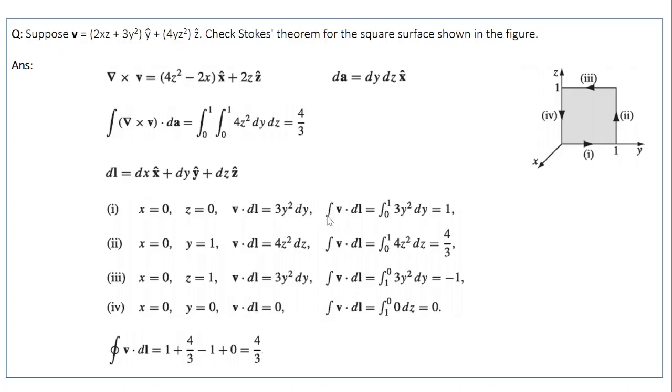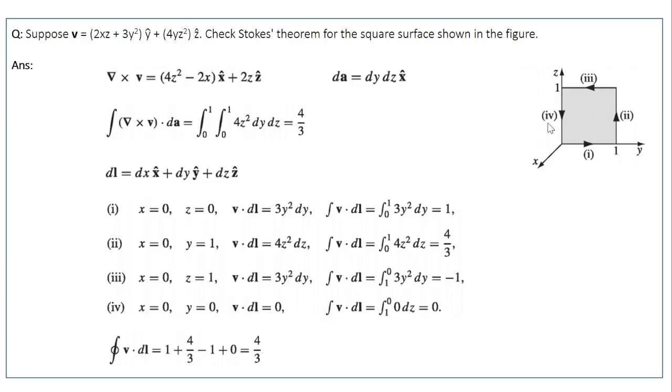When you take the integral, y changes from 0 to 1. So this is the integral from 0 to 1 of 3y squared dy, which is 1. Similarly, you calculate for the other three sides. For the second side, x equal to 0, y equal to 1. For the third side, x equal to 0, z equal to 1.